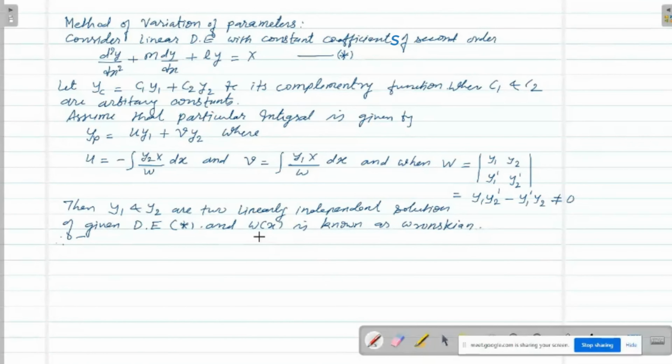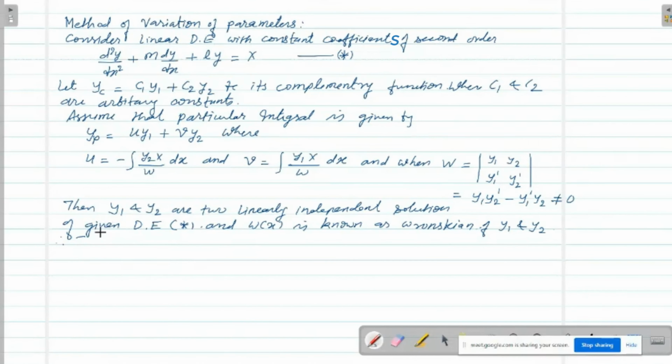Okay, so W of x is known as Wronskian of y1 and y2. So the Wronskian is either identically 0 or never 0. Okay, if the Wronskian is not equal to 0, then you can say that y1 and y2 are linearly independent solutions.